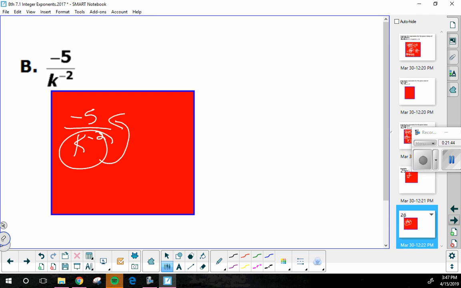What's on the bottom? The negative 5, what kind of exponent does the negative 5 have? No, it's 1. So is that positive or negative? Positive. So what happens to the negative 5? It stays. So my answer is negative 5k squared. Move, stay, go away is determined only by looking at the exponents.